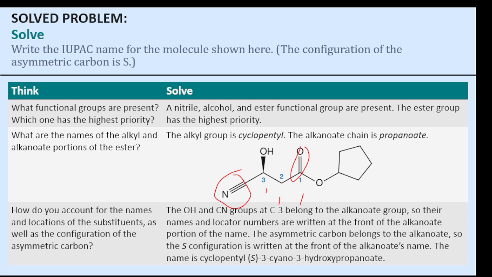So we end up with propane. That propane goes to propanoate because we have an ester, right? Okay, and that is our root and our suffix. We then put our substituents on that and build that out with our substituents. In this case, we have a hydroxy, right? We have a cyano. Which one comes first?